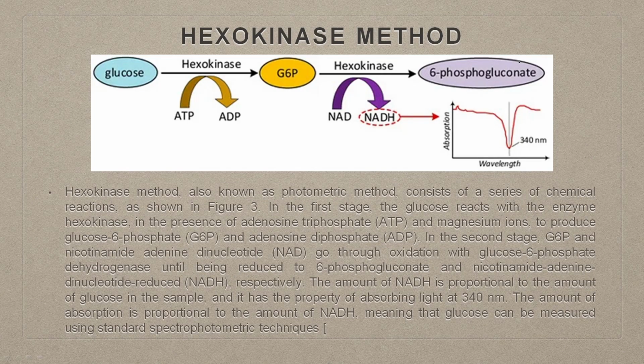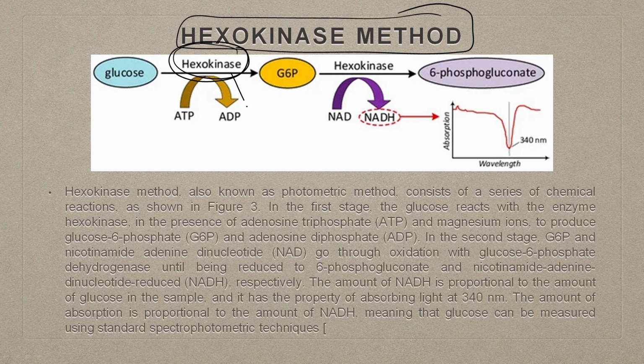Now, the next method, which I haven't discussed so far, is called the hexokinase method. This is another popular method. What is happening is that glucose, in the presence of hexokinase, which is an enzyme, this is again an enzymatic method, converts ATP to ADP and forms glucose 6 phosphate.